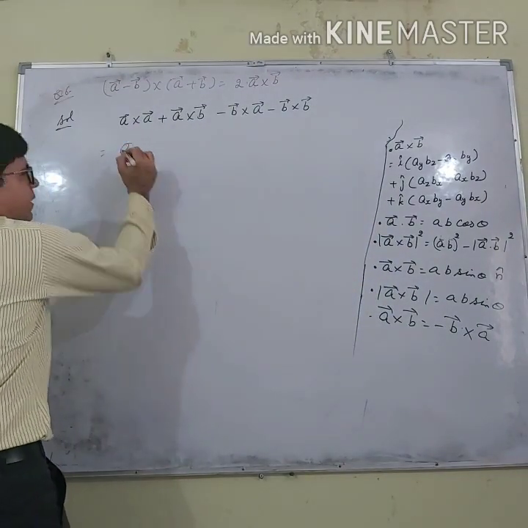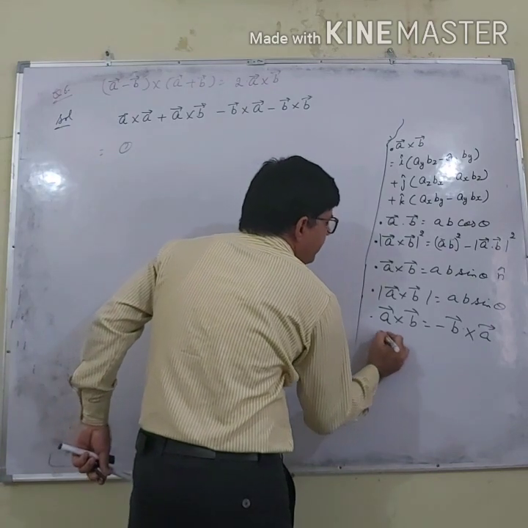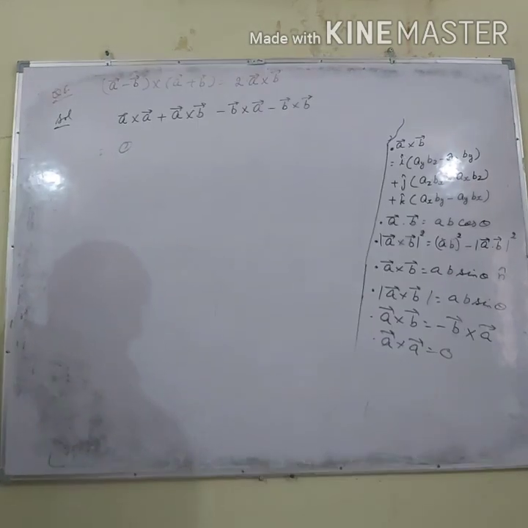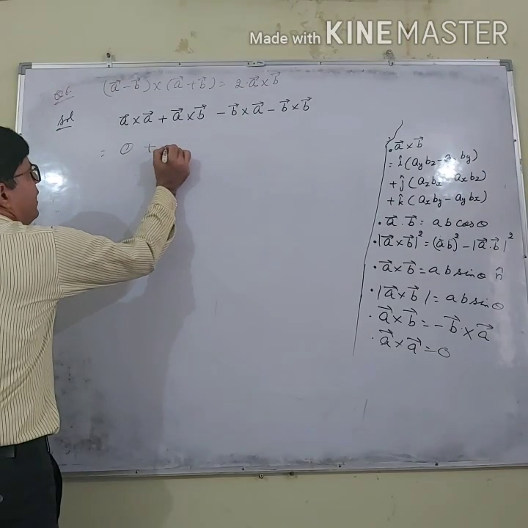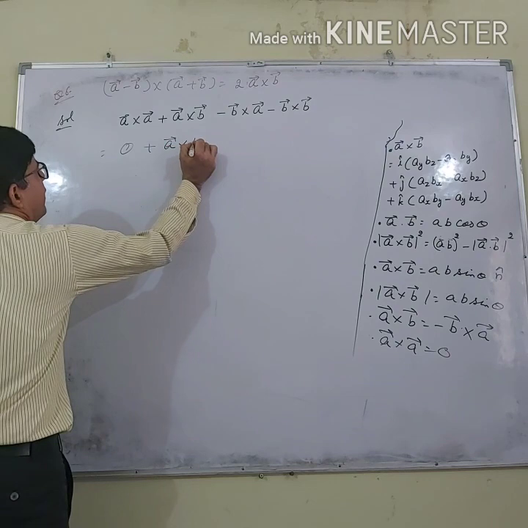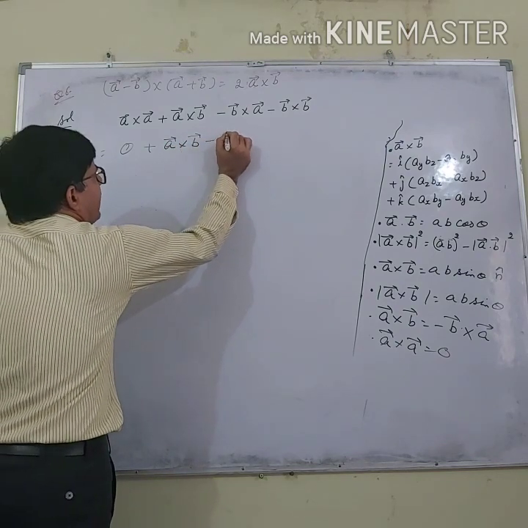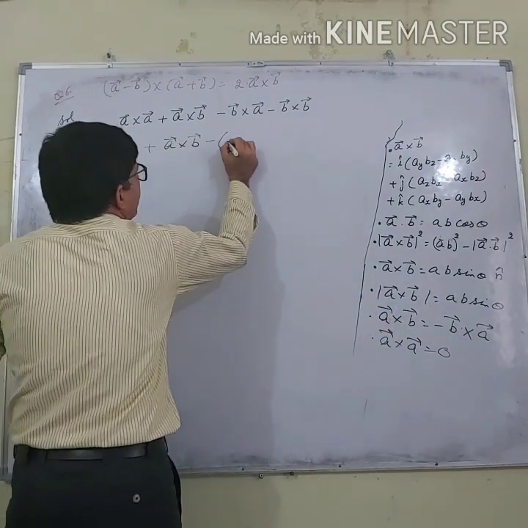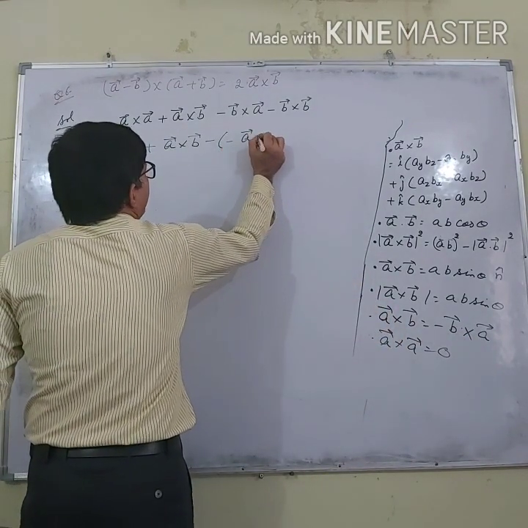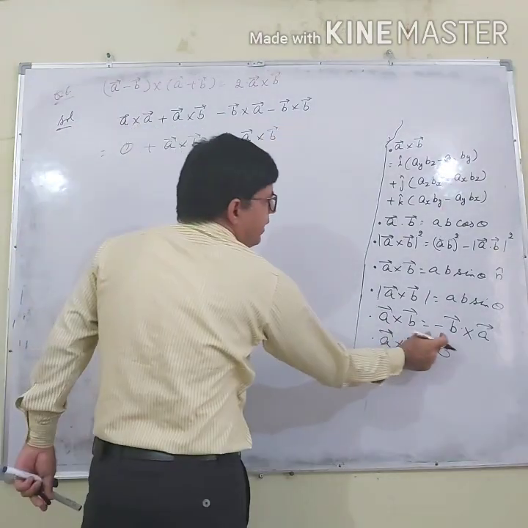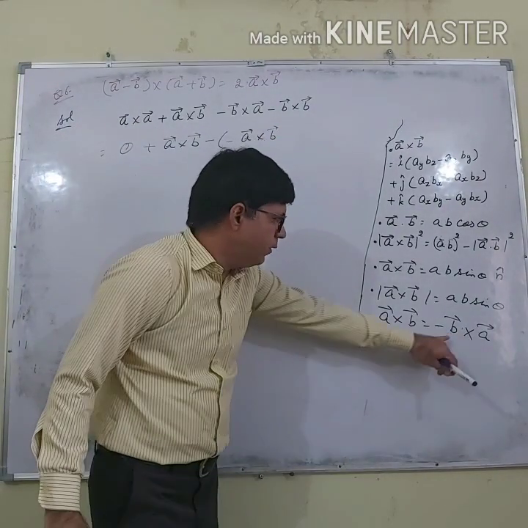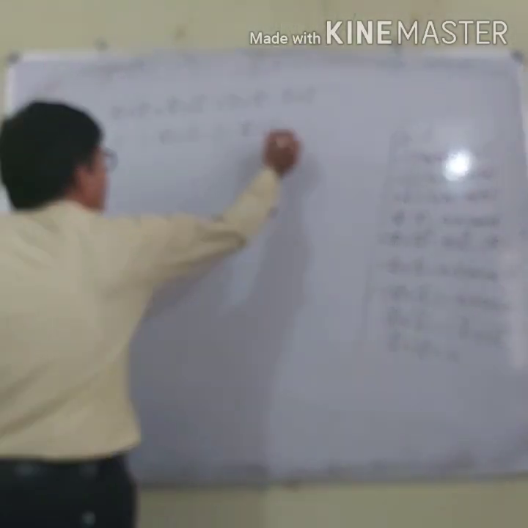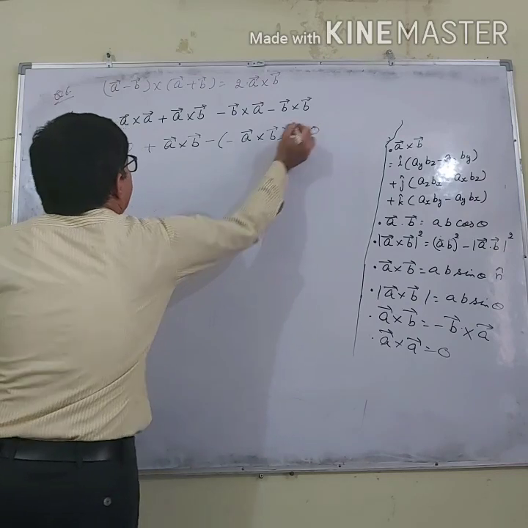A cross A is 0. Why is A cross A 0? Because A is parallel to itself, so it is 0. Plus A cross B. And what is this? B cross A. In place of minus B cross A, I can write plus A cross B, because B cross A is equal to minus A cross B. Minus 0.